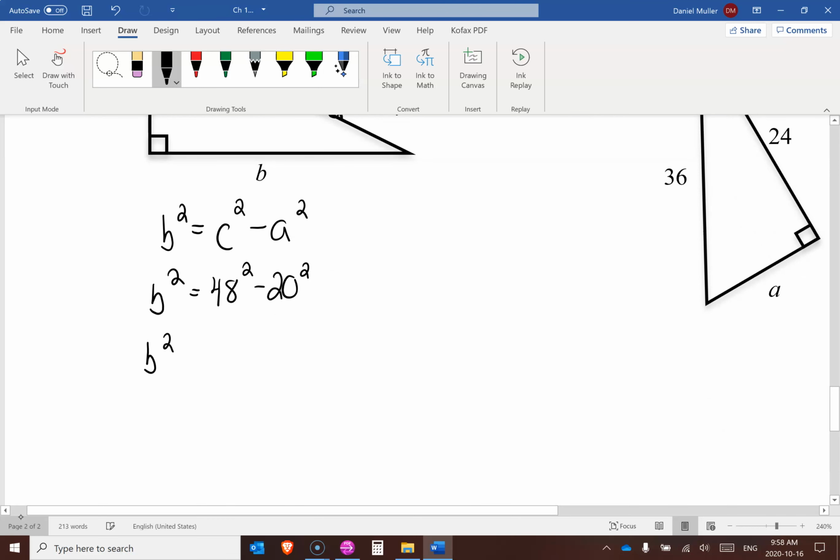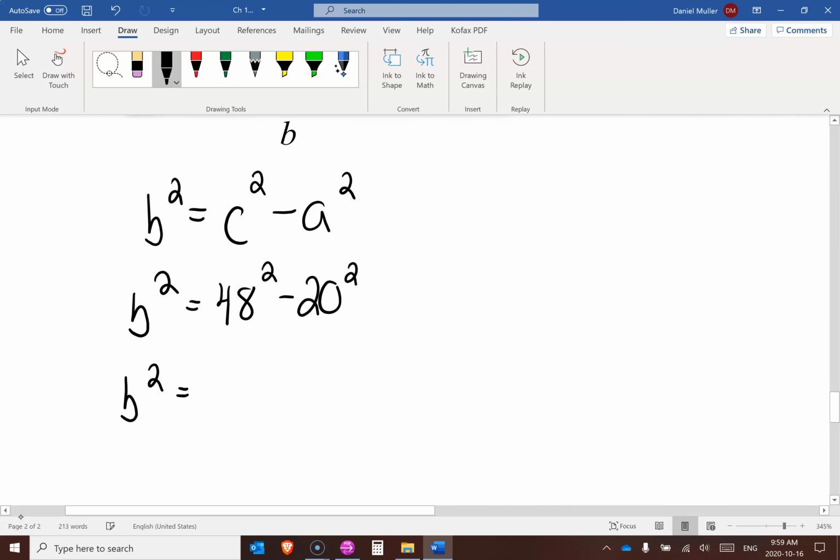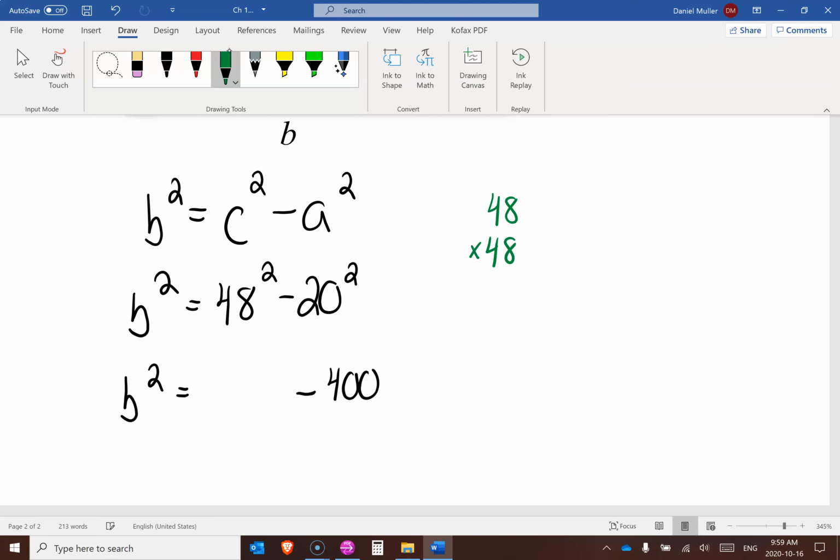So B squared equals, now I don't know what 48 times 48 is. I do know that 20 times 20, because 2 times 2 is 4, and there's 2 zeros, but I do not know 48 times 48. So let's see here, 8 times 8, 4 times 8, 32, plus that, 38.